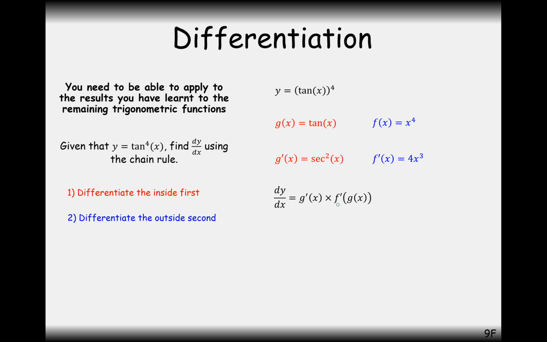In our answer we want the f function differentiated in terms of the g function being tan. So in this case it's going to be sec squared from the g of x derivative times 4 tan x cubed. G of x is the tan x function, so it's 4 tan cubed. So your answer here finally is going to be 4 sec squared x tan cubed x.